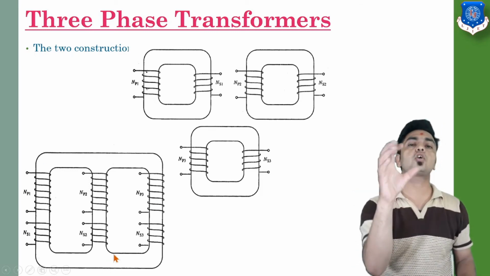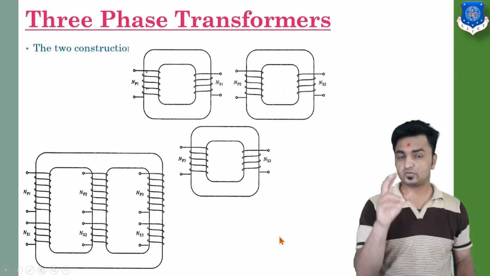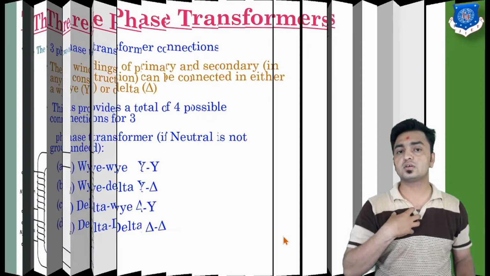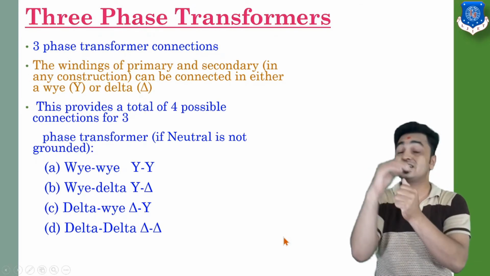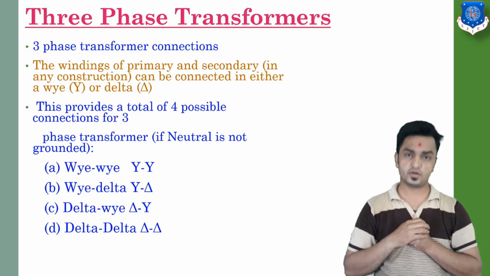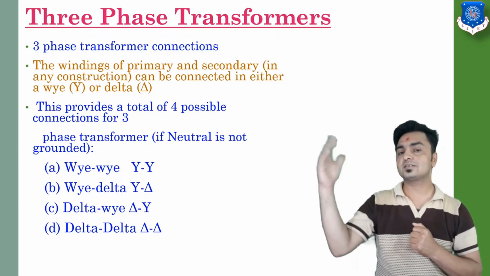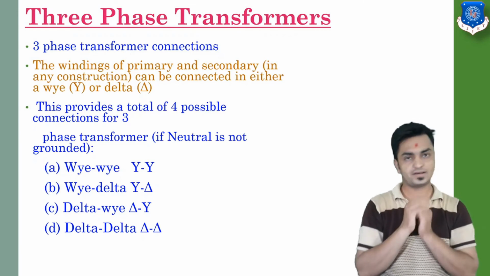So this one common body will form a three phase transformer. So these are the two methods by which we can form a transformer, using three individual single phase transformers, or using a common body. And as we discussed in our first slide, they have their own advantages and disadvantages.